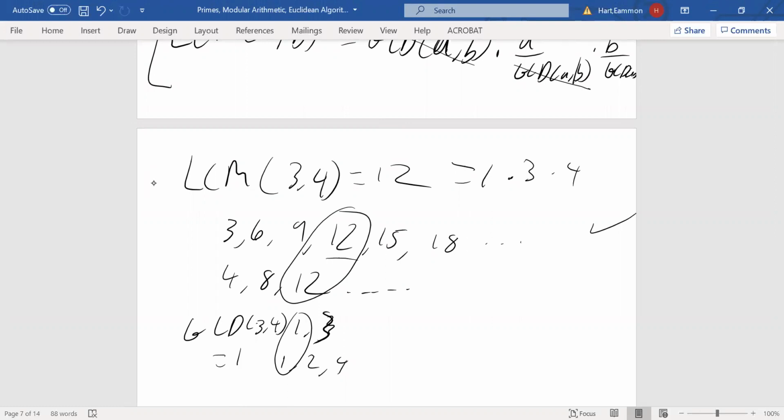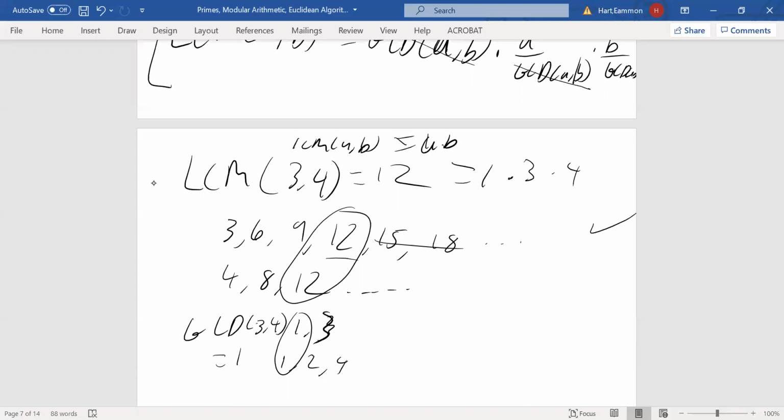So pick out the first element that's in both of these lists. And these guys, they're not really necessary for me to list because I know that the LCM of A and B is going to be less than or equal to A times B.